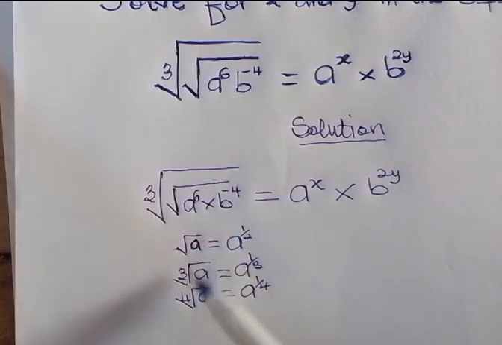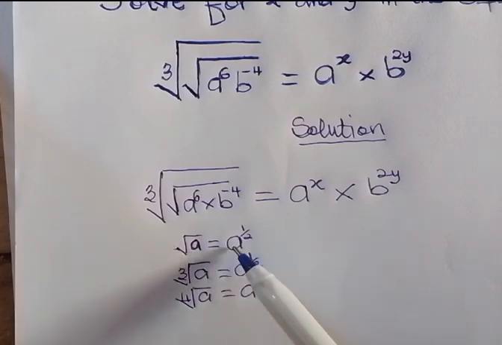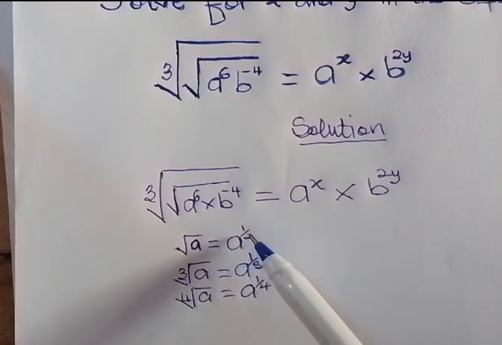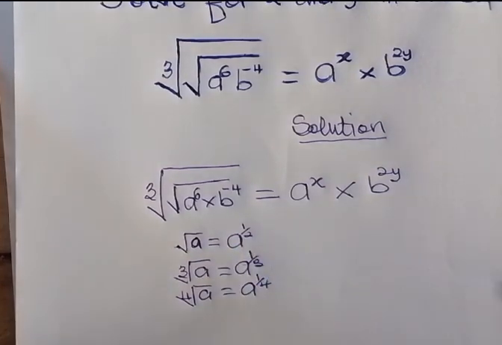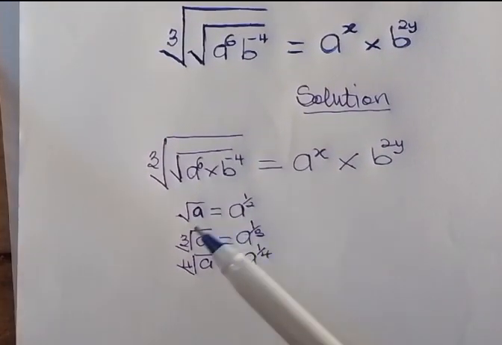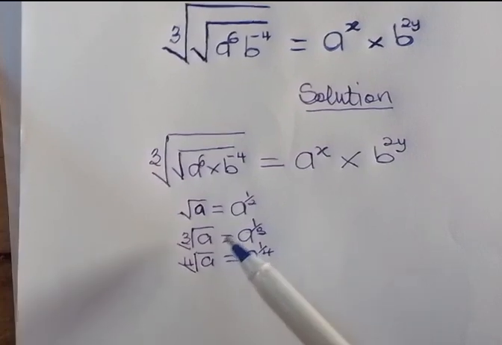I want us to follow this procedure using the square root of a, which is equal to a exponent half. So I want us to use these properties to solve for x and y.